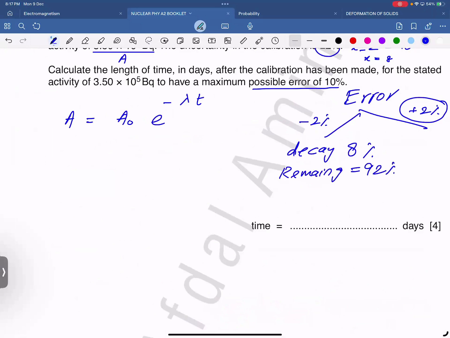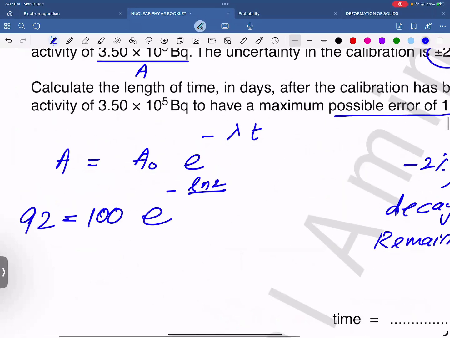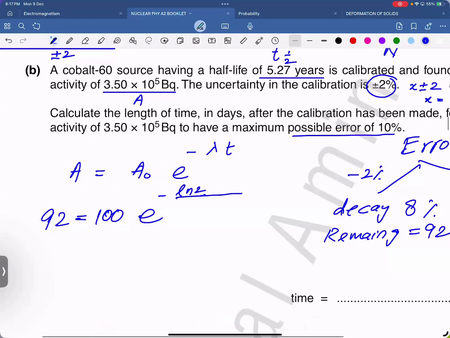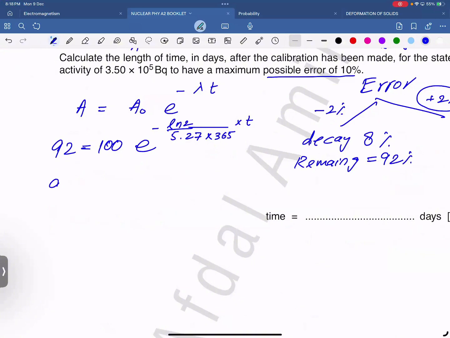So 92 over 100, e power negative lambda t. Lambda is negative log 2 over the half-life. You want it in days, so years you will change into days: 5.27 times 365 into t. 92 divided by 100.